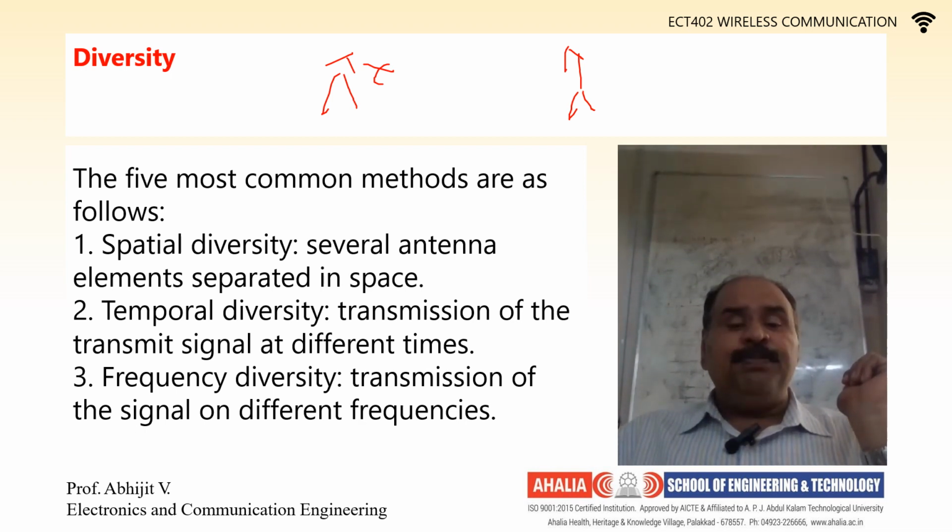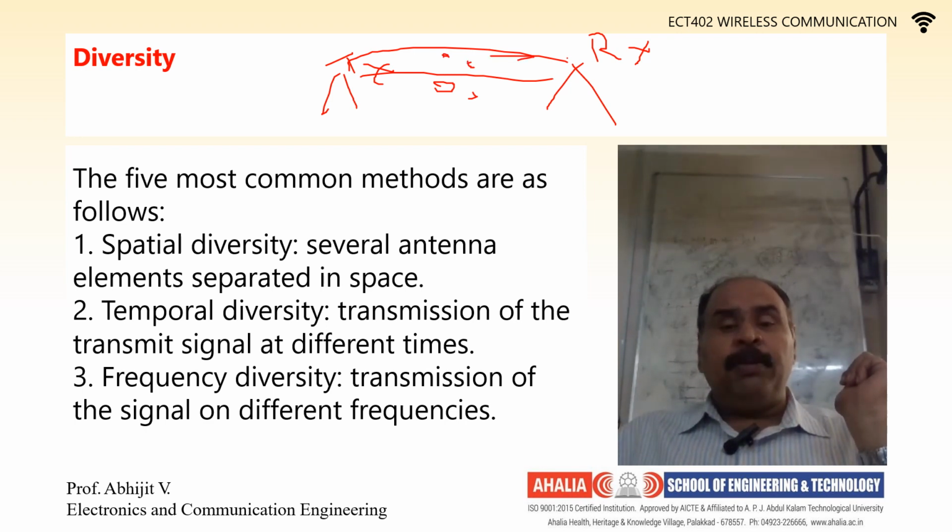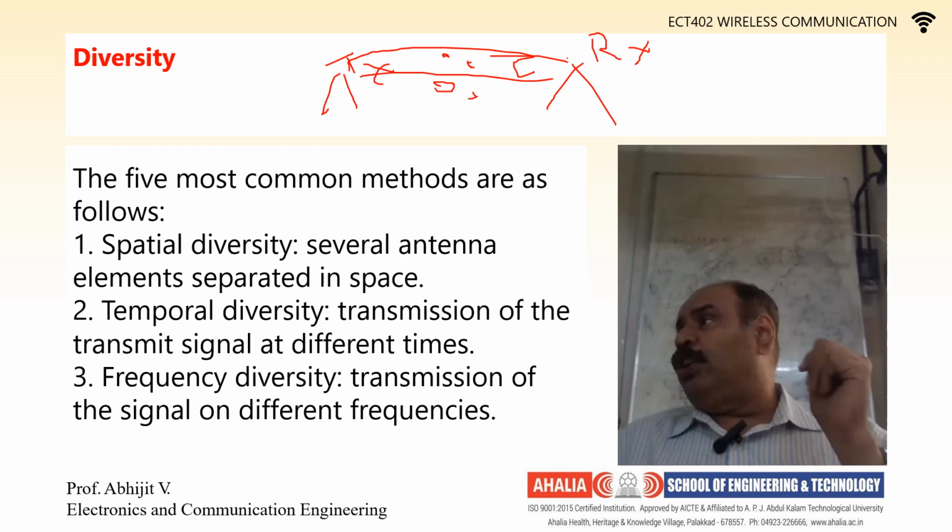The second case, temporal diversity. In temporal diversity, let us assume that this is the receiver. A signal is transmitted at say 0 seconds, then another one at 0 plus tau, which is a small time gap.